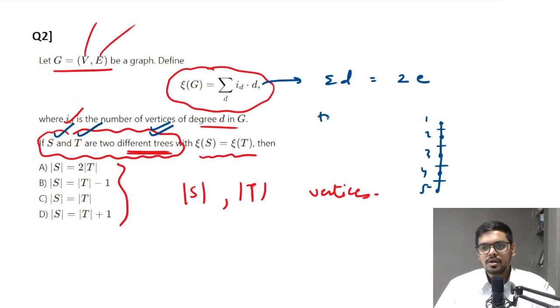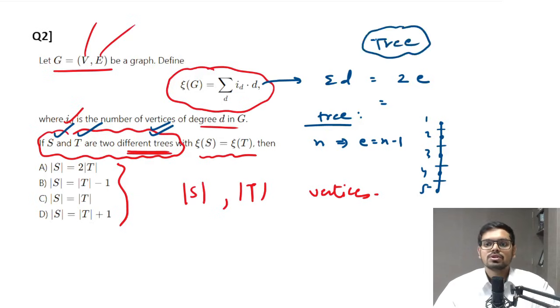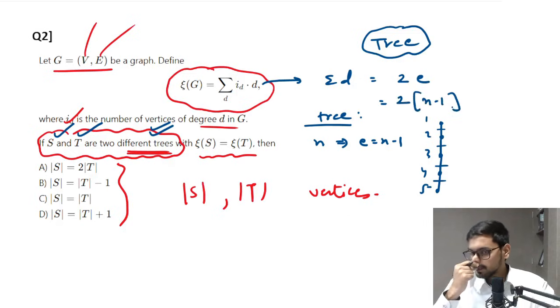So for a tree, if you have n vertices, then the number of edges is n minus 1. Based on this, our handshaking theorem is changed for the tree. Since the complete question is for the tree, the summation of the degree is twice the number of edges, which is twice (n minus 1), isn't it so? Because both S and T are different trees.